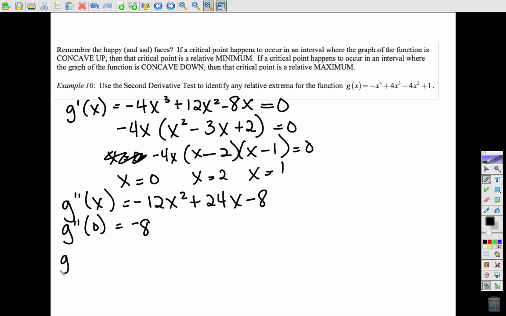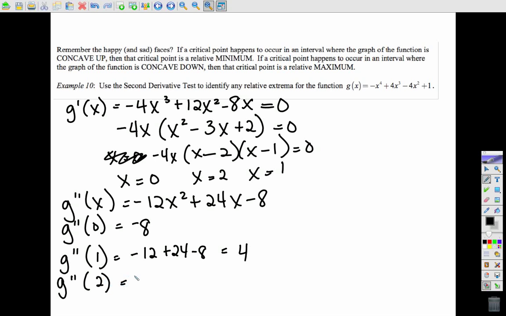All right, so g double prime of 0 equals negative 8. g double prime of 1, I shall do these in order, is going to be negative 12 plus 24 minus 8. I think that gives me a positive 4.